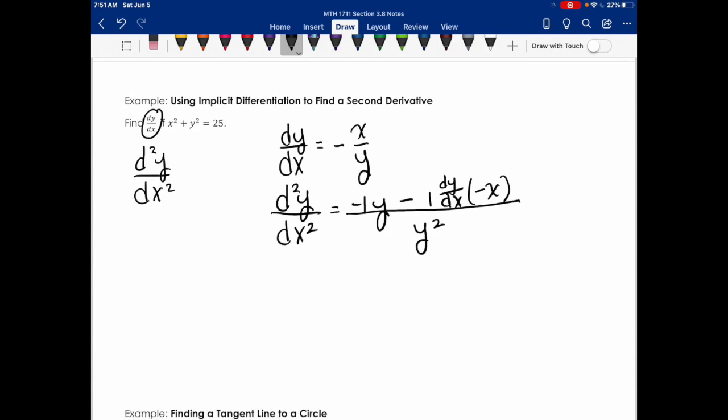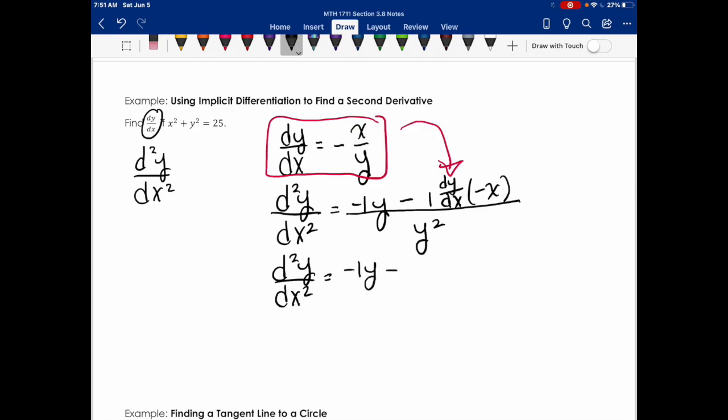Okay, now I know that dy/dx is negative x over y. We know this. So I'm going to substitute that in here and then simplify. So I have the second derivative is equal to negative 1 times y minus, and then I have a negative and a negative, the negative x and then the subtraction in the formula, so that's going to turn to a plus.